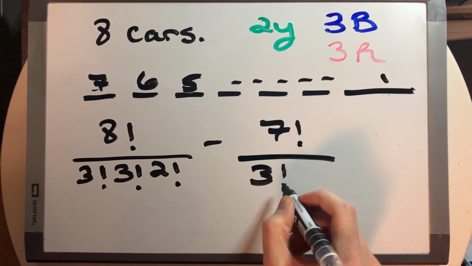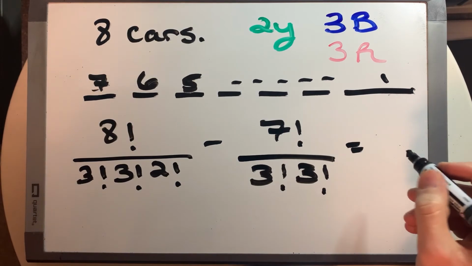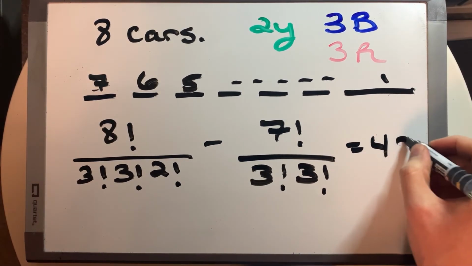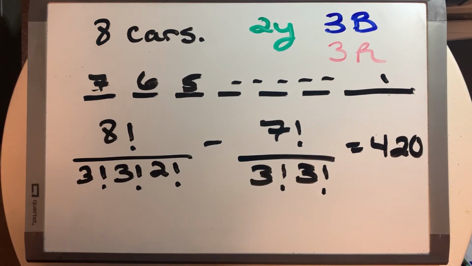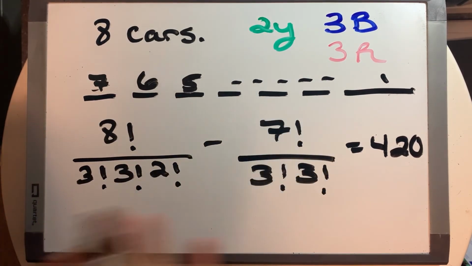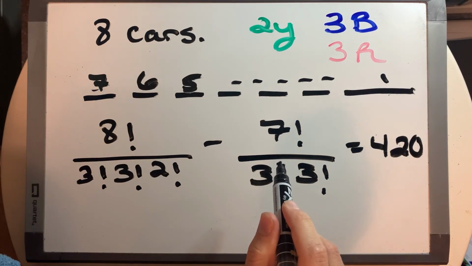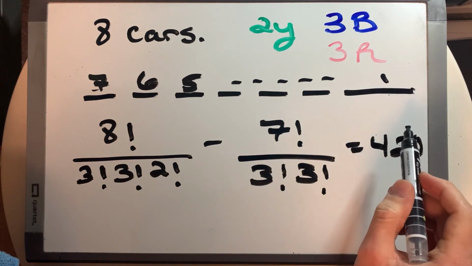We eliminate repeats for the red and blue, but because the yellows are together, we don't eliminate any repeats for them. That gives us 420, the number of arrangements with the yellow cars together. So we take how many ways we can arrange all 8 cars with no restrictions, minus how many ways we can arrange them with the yellow cars together.